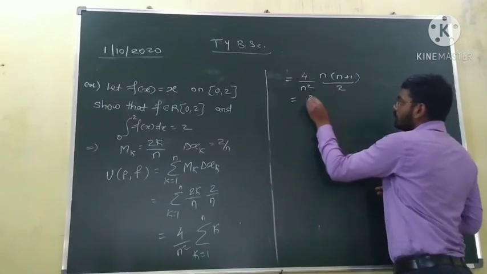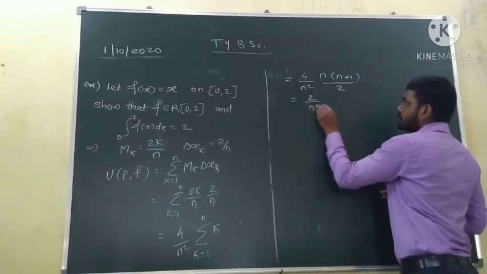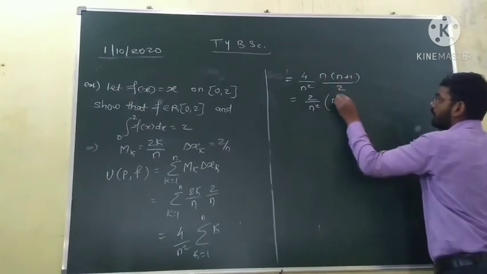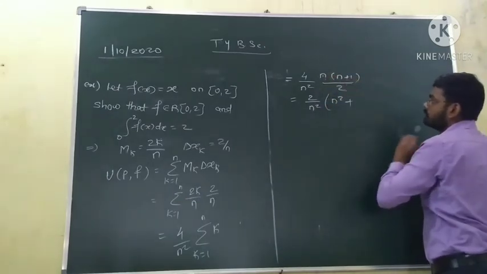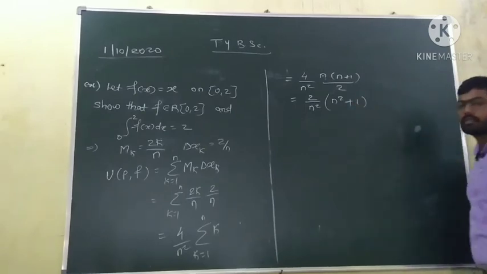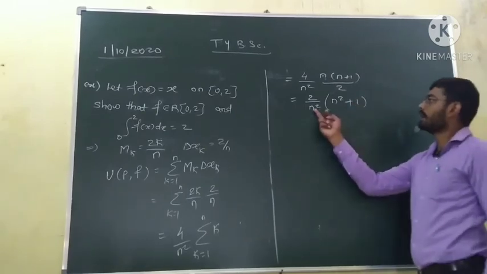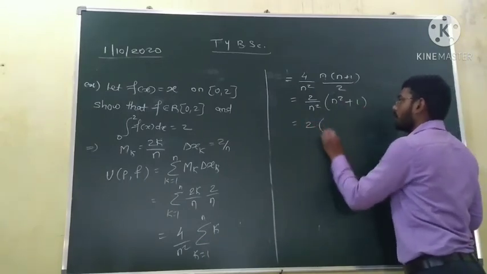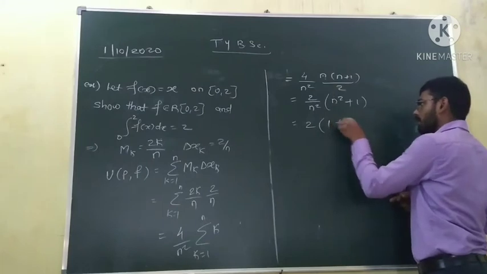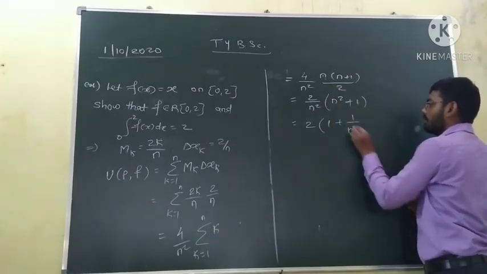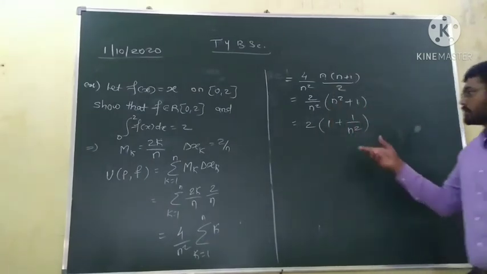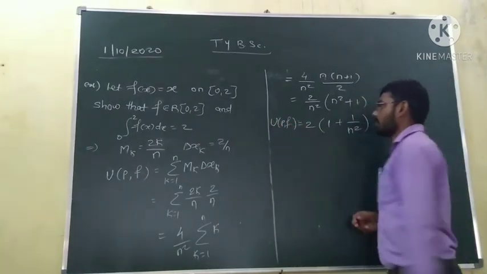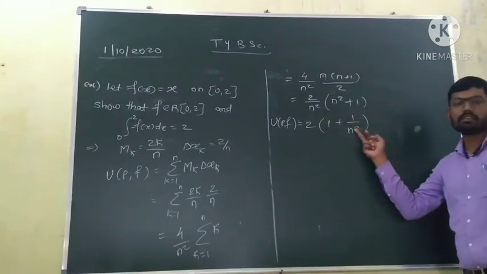So this becomes 2 by n square into n into n square, n into 1, 1. Okay. So we can take this denominator inside the bracket. So this becomes 2 into n square upon n square, 1 plus 1 upon n. Okay. So this is our upper sum. Okay. 2 into 1 plus 1 by n.